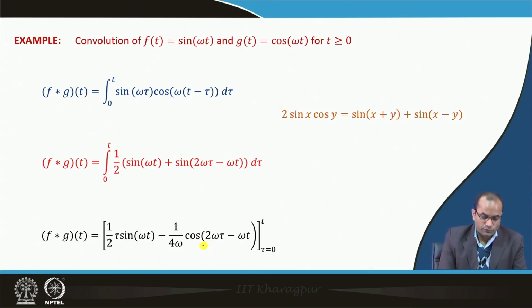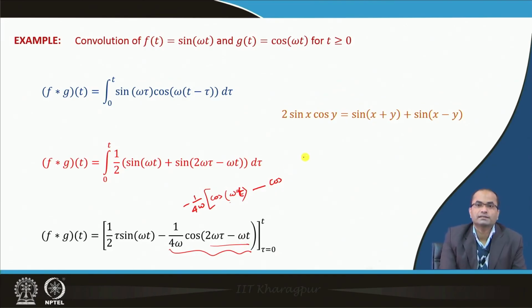But what we should note, while discussing this limit, is that the first term will be cos of 2 omega tau minus omega t, when we replace tau by t. So, 2 omega t minus omega t will be omega t, so we have the first term cos omega t. Then the minus term: in front it is sitting here for omega, and when we put tau 0, this is cos of minus omega t, but cos will not read this minus.